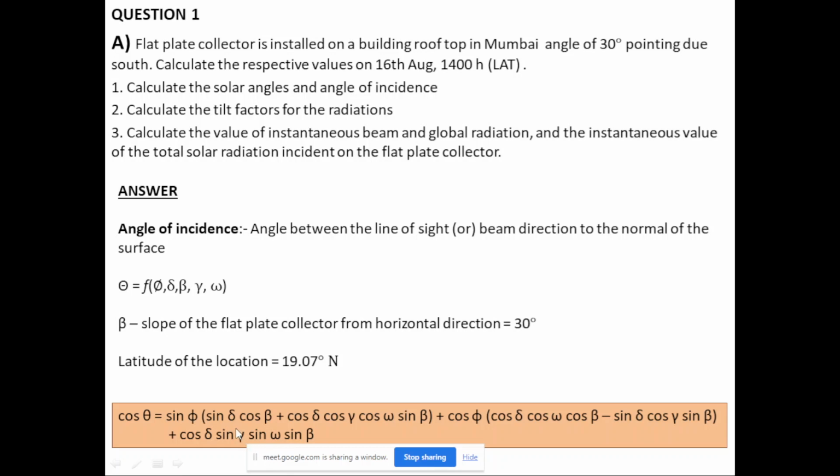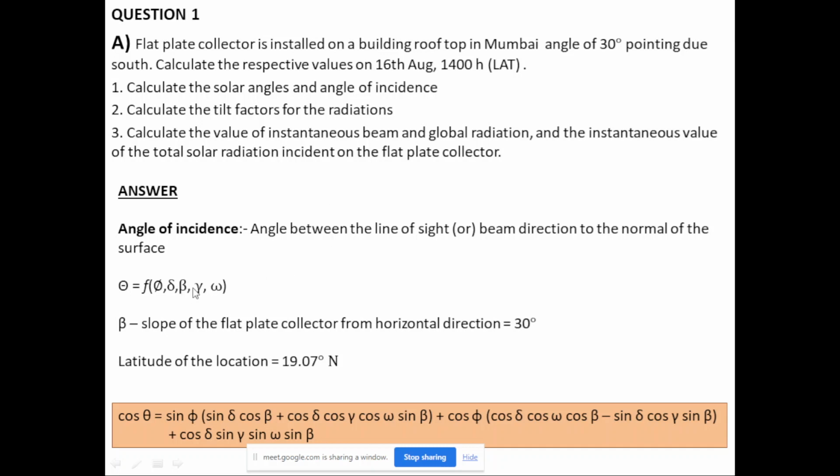Now we know 2 parameters here. One is the latitude of the location, that is 19.07 degrees, and then beta, that is 30 degrees from the horizontal ground surface. Since the surface is pointing due south, the surface azimuthal angle will be 0.